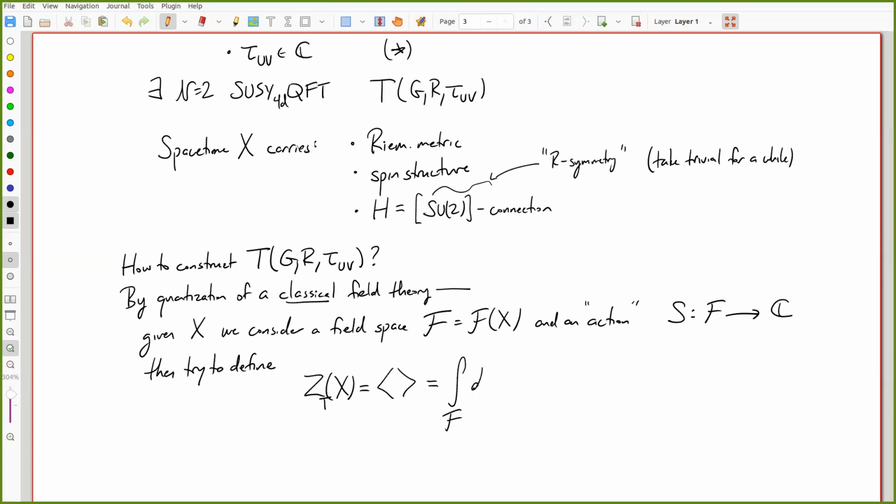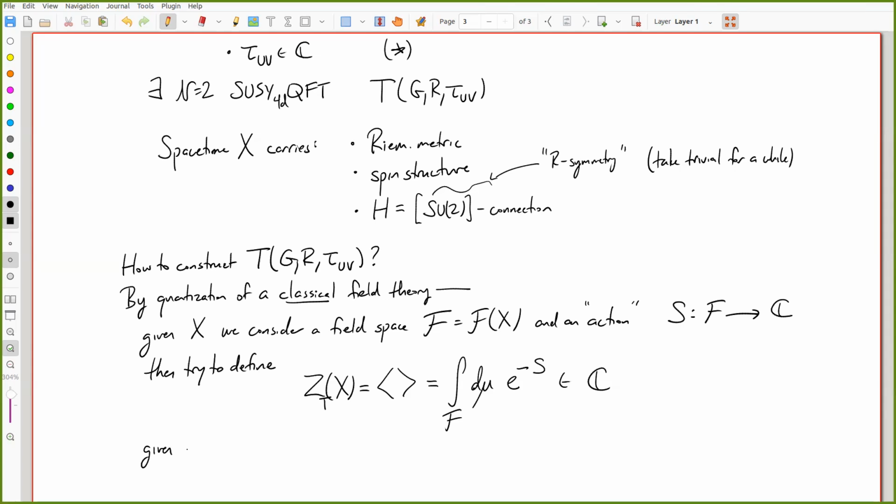We equip it with some carefully chosen measure, and then we integrate e to the minus the action over this enormous infinite dimensional space and get a number. And that number is supposed to be the invariant you assign to the four manifold. So some big integral.